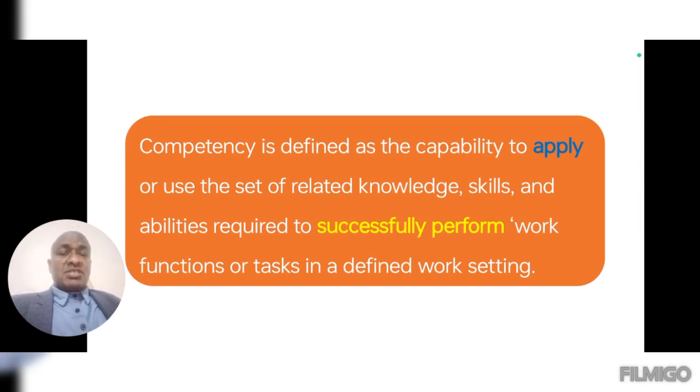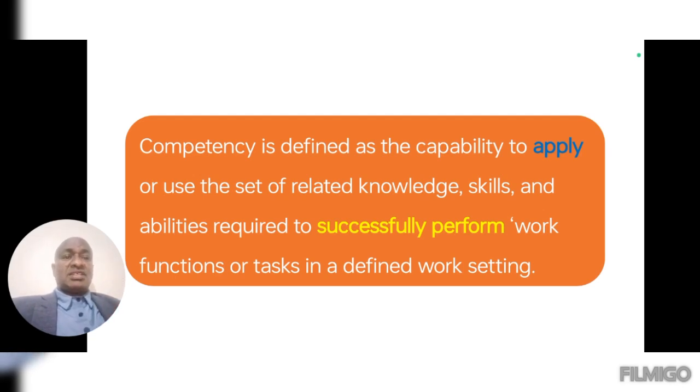In the subsequent videos, this word will appear repeatedly: competence, competency, competency-based learning, competency-based teaching, competency-based learning and teaching, competency-based training, and so on. So it is better to understand what this term implies.